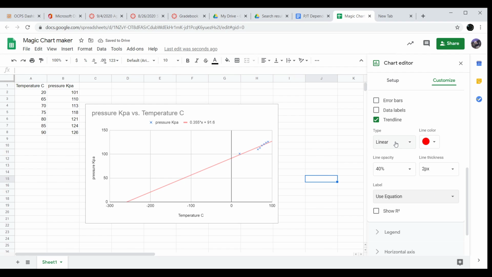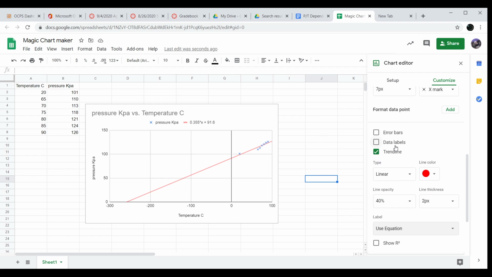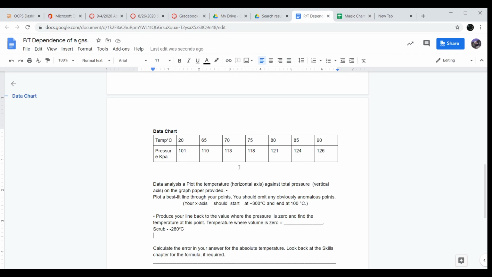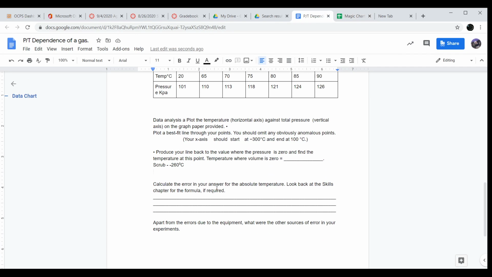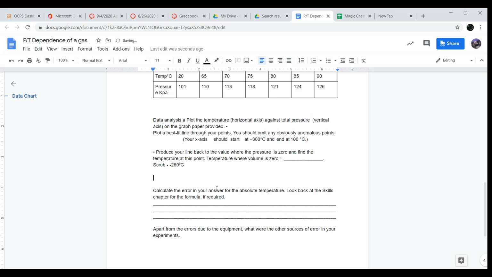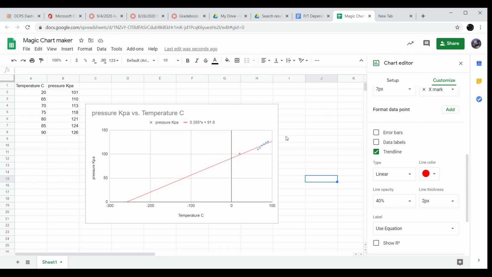Under series and then trend line, you can use equation, and this equation is our formula for this line. A reminder here that the formula for a line is y equals mx plus b. Here we have m times x plus b.